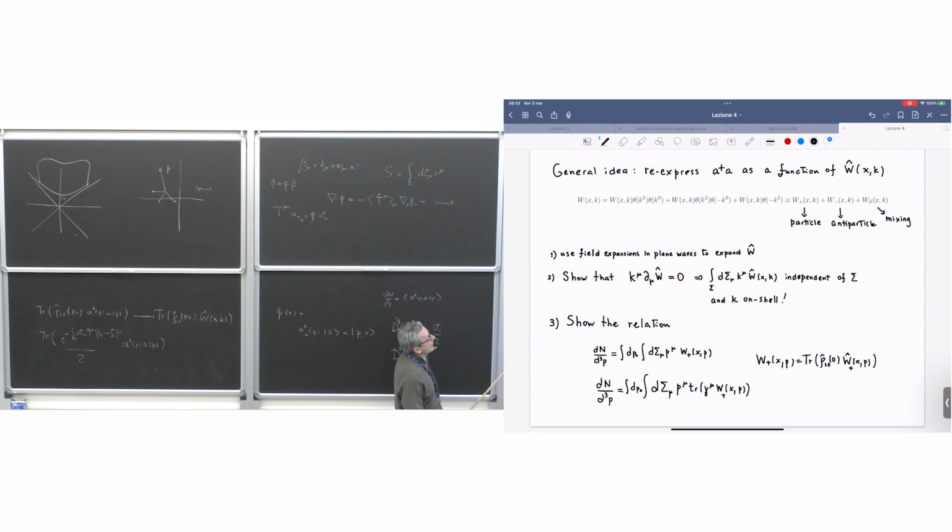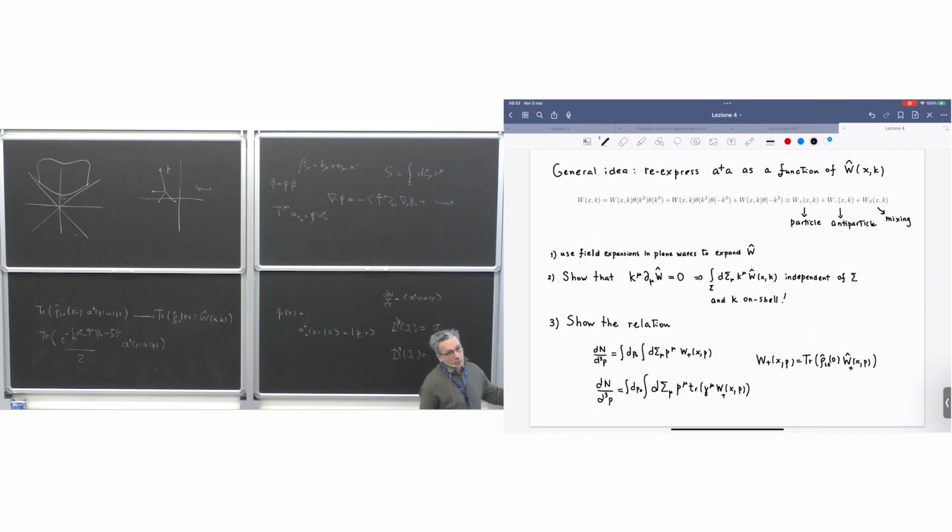The one with positive K squared and positive time component, the one with positive K squared and negative time component, and the one with space-like K squared, okay? And once the field expansion is plugged into the covariant Wigner function, what we find out is that this term is associated to the particle term of the field, and this to the antiparticle.